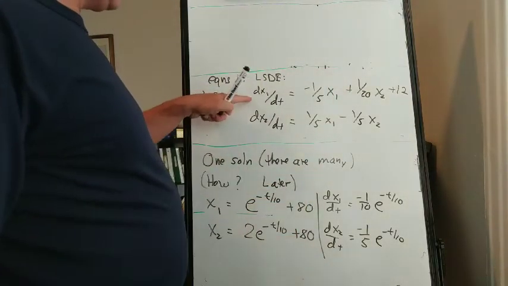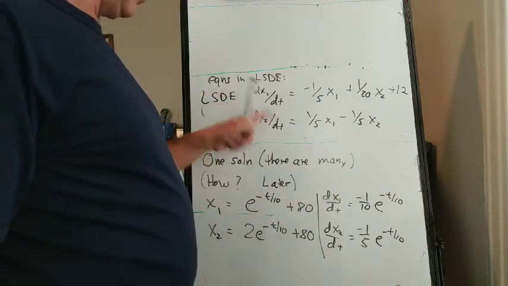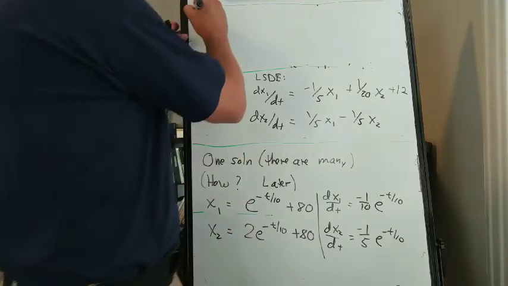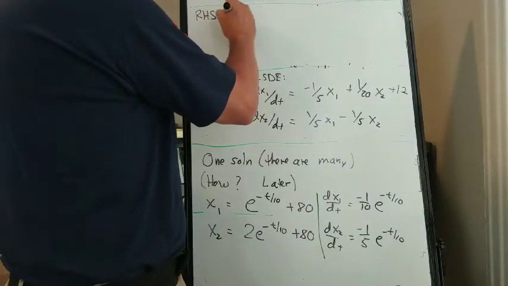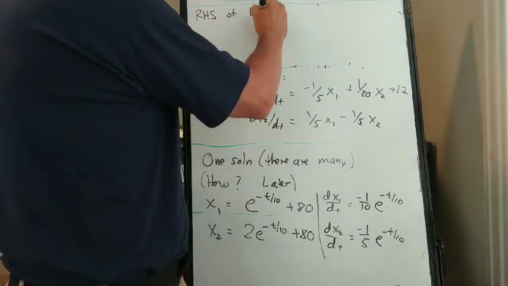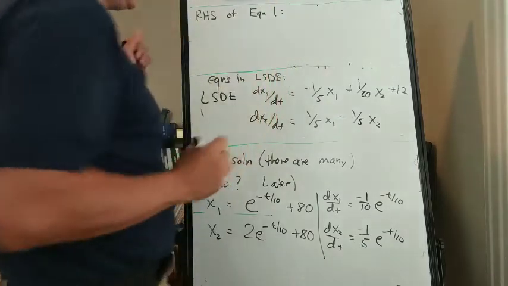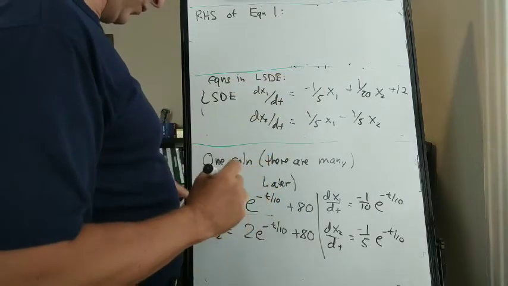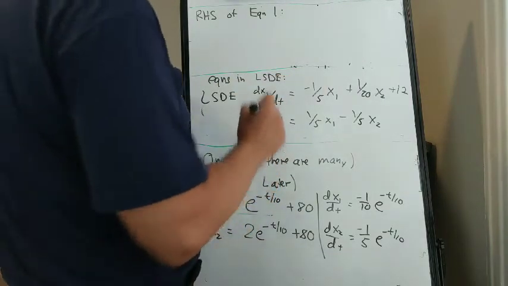So the left-hand side of equation 1 is right here. It's the derivative. Let's look at the right-hand side of equation 1. We've got negative 1/5. We said x1 is this function.